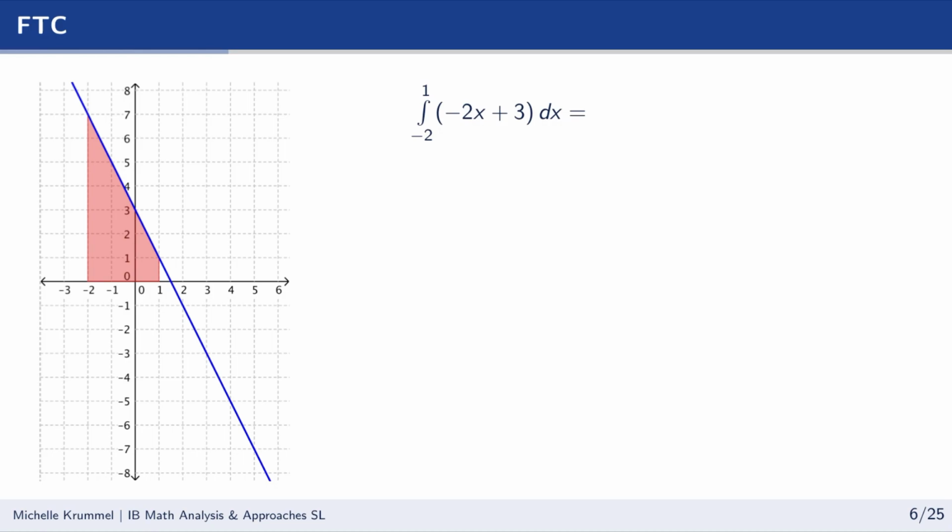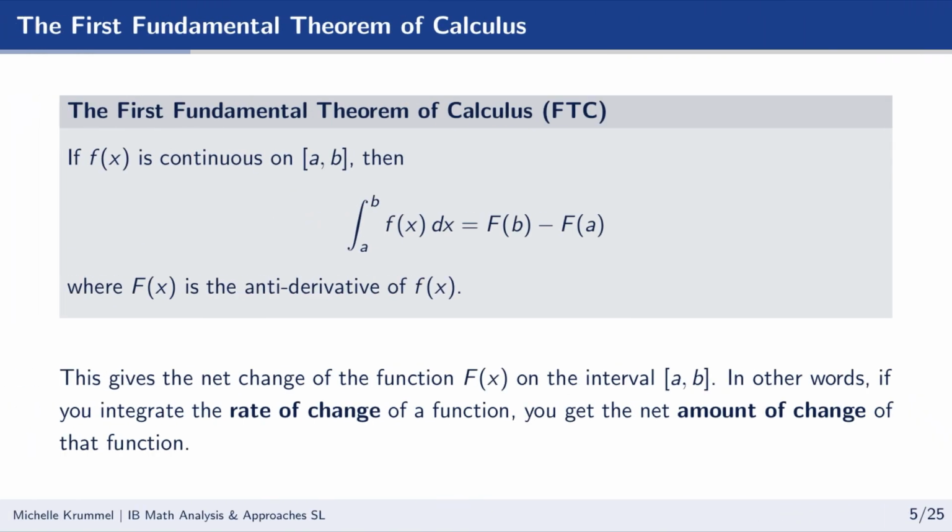So we're going to look at another method now, and it's going to be the theorem that we just learned about. Let me go back. The fundamental theorem of calculus says if we want to evaluate this definite integral, we just find the antiderivative function, evaluate that at the upper limit of integration, minus that antiderivative function evaluated at the lower limit of integration.